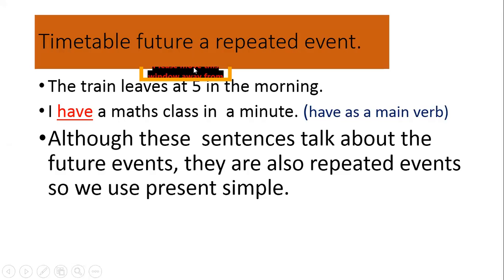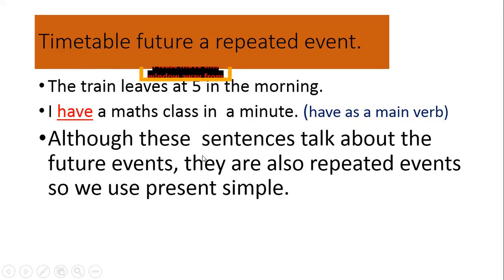There is another use: present simple is also used to express the timetable future, as a repeated event. Like, the train leaves at 5 in the morning. Although this sentence tells of an action that happens in the future, this is always regarded as present simple, and it is called timetable future.